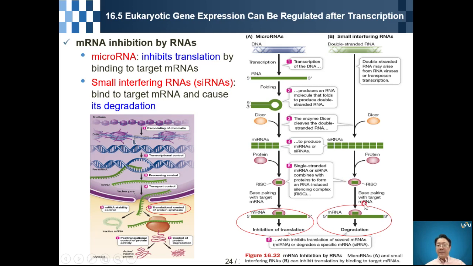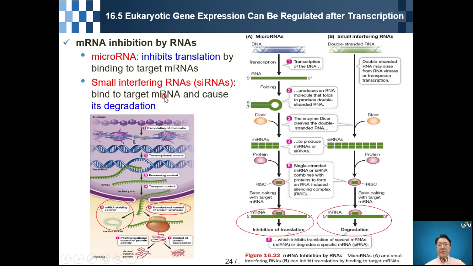After binding, this causes mRNA degradation. After siRNA and the RISC complex bind to the target mRNA, it induces mRNA degradation. So it controls mRNA stability.